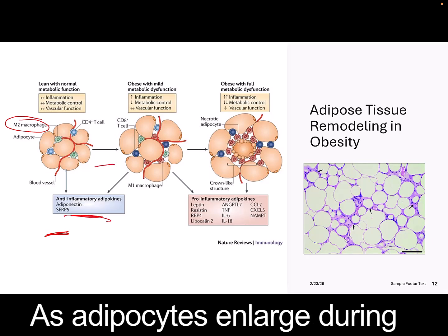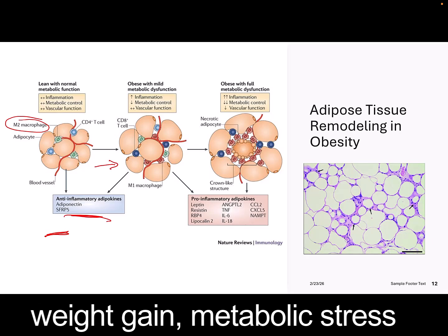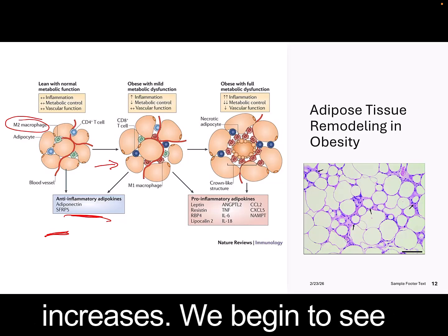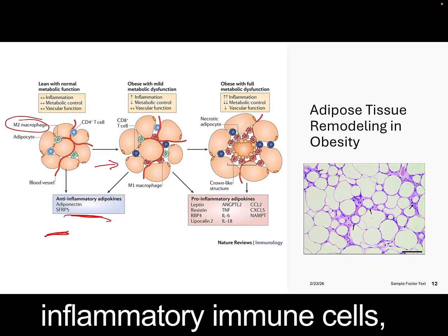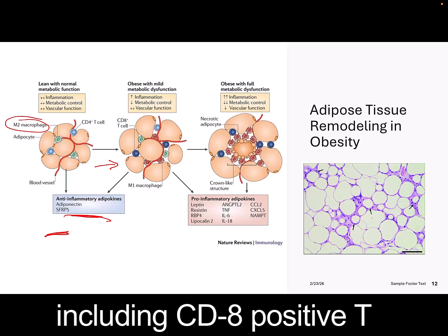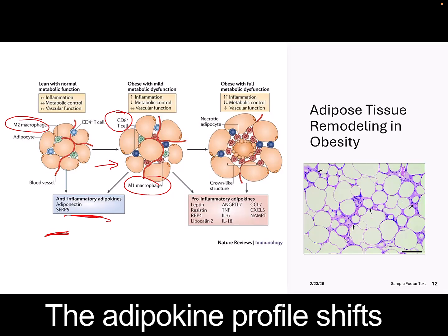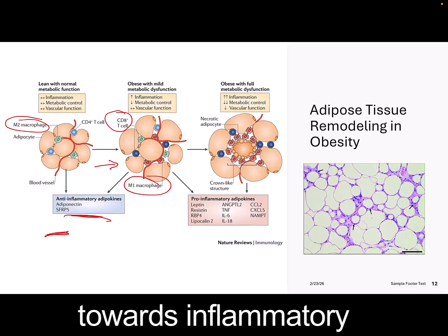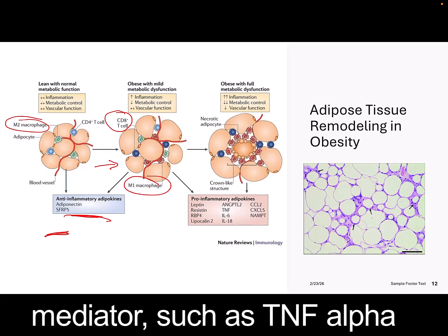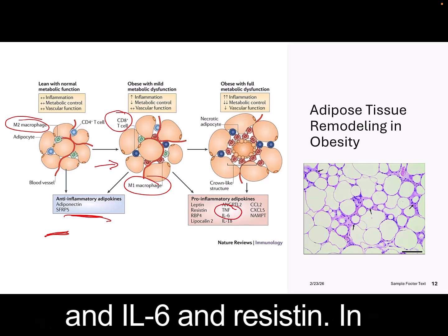As adipocytes enlarge during weight gain, metabolic stress increases. We begin to see infiltration of pro-inflammatory immune cells, including CD8 positive T cells and M1 macrophages. The adipokine profile shifts towards inflammatory mediators such as TNF-α, IL-6, and resistin.